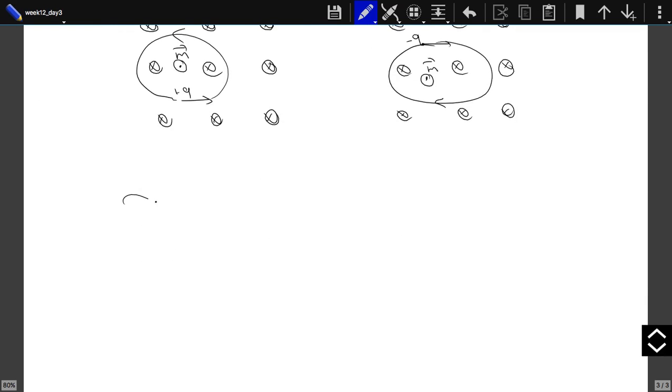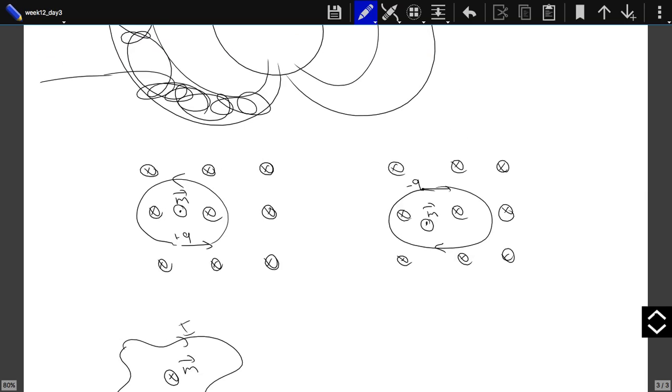Well, the direction of the magnetic dipole: take your loop I, take your right hand. Curl your fingers in the direction of I, your thumb points in the direction of the magnetic dipole. In these two cases, the current is running counterclockwise. Take your right hand, curl your fingers in the direction of the current. So this is the direction of the magnetic dipole moment.